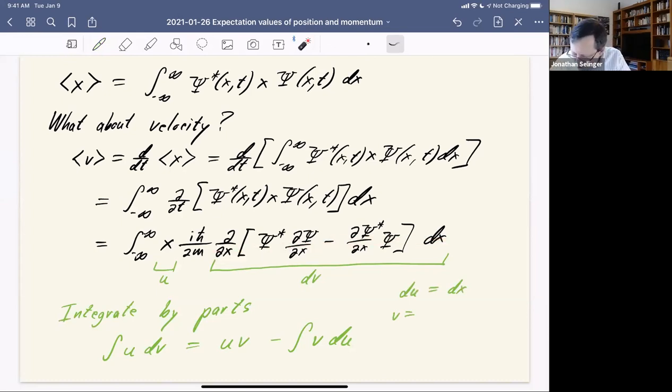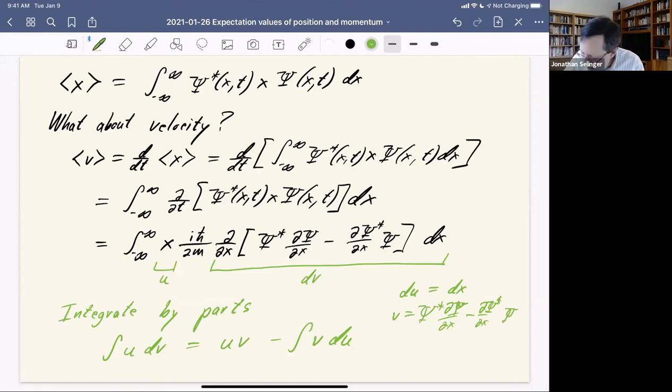So it is just psi star d psi dx minus d psi star dx times psi.